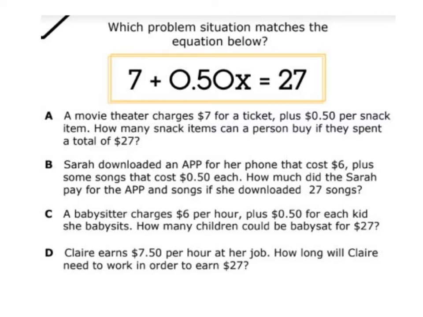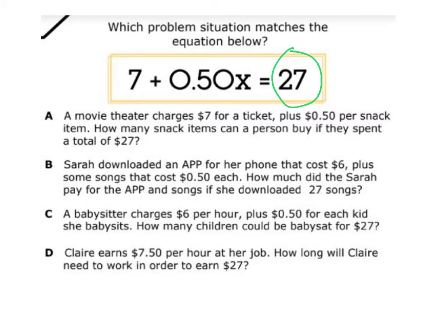So first thing we do is find our total. So for this problem, your total is 27. So we're going to read through problem A and we're going to do process of elimination. So let's see if problem A works. A movie theater charges $7 for a ticket plus 50 cents per snack item.